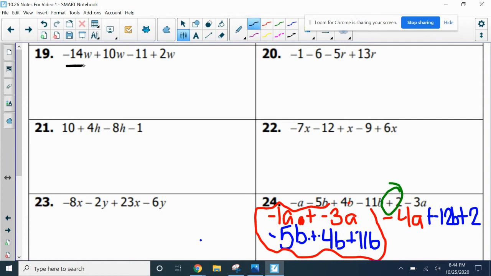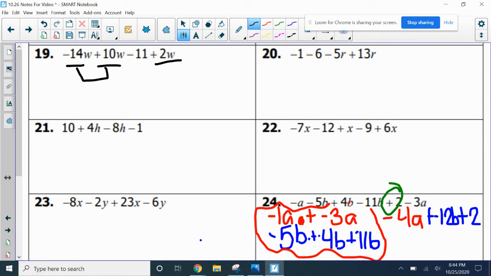All right, so on 19 you have 14w, you have 2w, you have 10w, and remember that's negative. So negative 14 and positive 10, positive subtract to keep the bigger sign. Negative 14 and positive 10 gives me 14 minus 10 is 4. Negative 14 is bigger, so we're going to say that's negative 4 and a negative 4 and a positive 2.